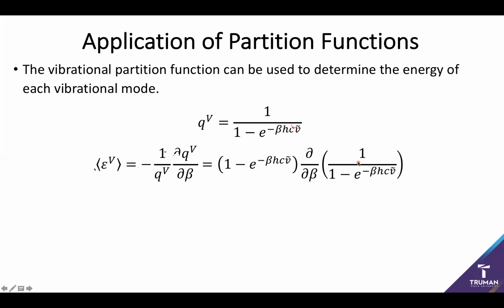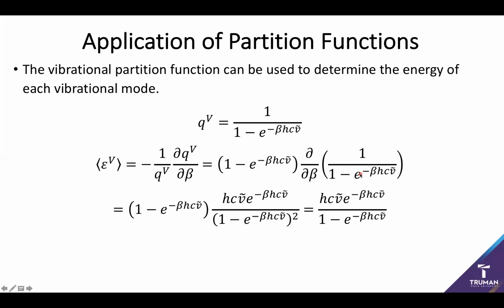However, the derivatives here become a little bit messier. So this time I actually have to apply the derivatives to an expression with the addition of an exponential in the denominator. So with a little bit of calculus magic, we get a more complicated expression.